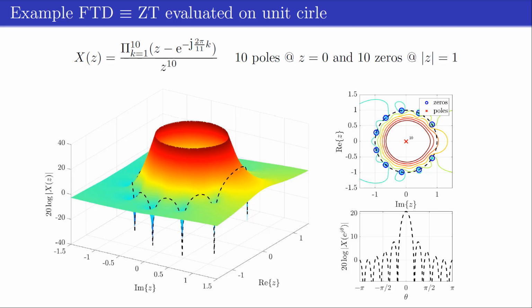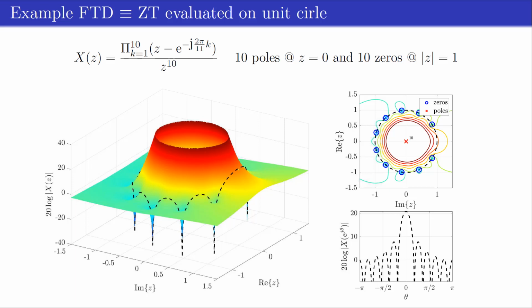More specifically, evaluating X(z) at points around the unit circle, beginning at z is 1, which corresponds to theta is 0, through z is j, which corresponds to theta is pi over 2, to z is minus 1, which corresponds to theta is pi, we obtain values of the FTD X(e to the power j theta) for theta in the range from theta is 0 until theta is pi.